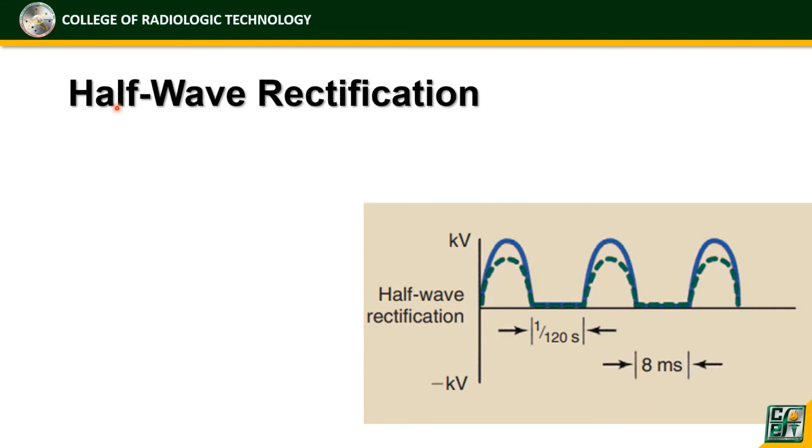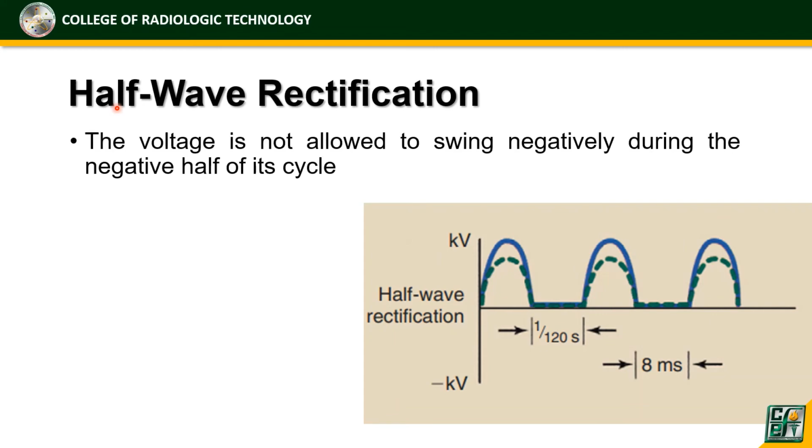Okay. So half-wave rectification. Voltage is not allowed to swing negatively during the negative half of the cycle. Kaya siya ay, kung makikita nyo dito sa kanyang waveform, instead na sinusoidal wave, pagdating doon sa negative swing niya, siya ay magiging flat doon sa line.